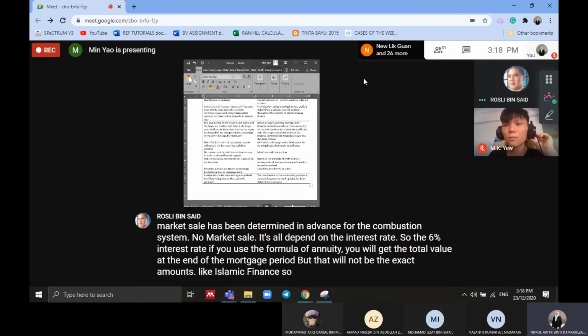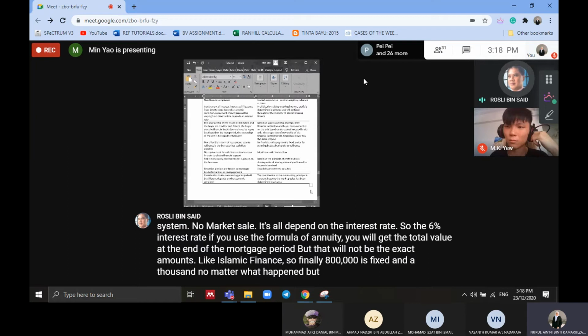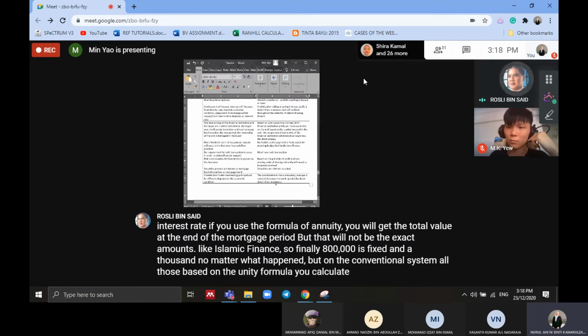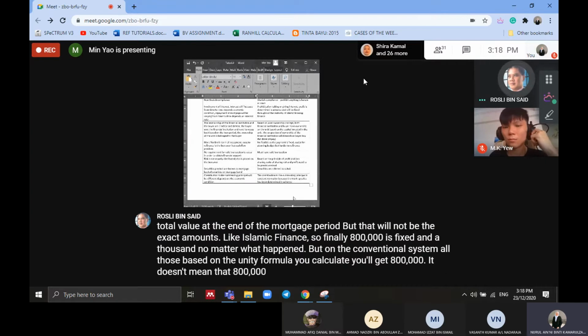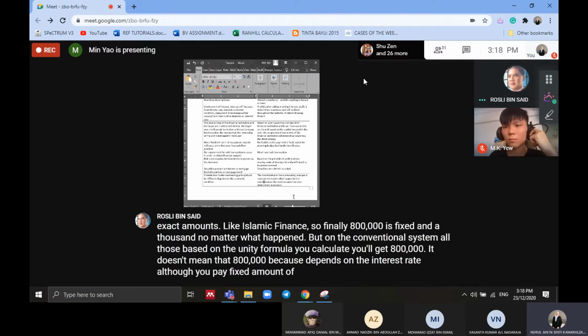In Islamic finance, 800,000 is fixed, 800,000 no matter what happens. But in the conventional system, all based on the annuity formula you calculate, you'll get 800,000. It doesn't mean that it is 800,000 because it depends on the interest rate, although you pay a fixed amount of 2,000 per month.